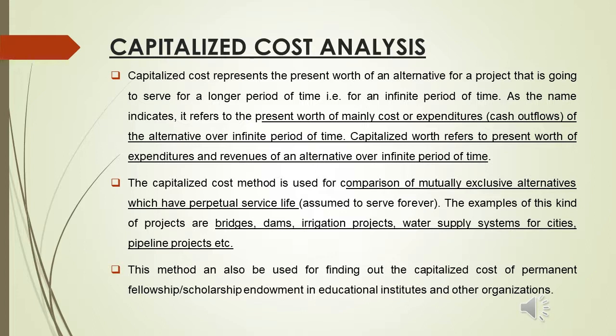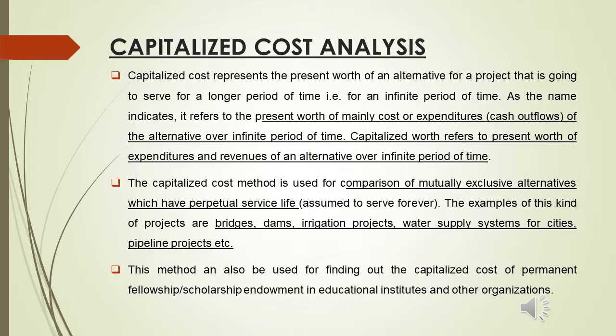As the name indicates, it refers to the present worth of mainly cost or expenditures, that is cash outflows, of the alternative over an infinite period of time. Capitalized worth refers to the present worth of expenditures and revenue of the alternative over an infinite period. Examples I can give you are bridges, dams, irrigation projects, pipelines, or the water supply system.